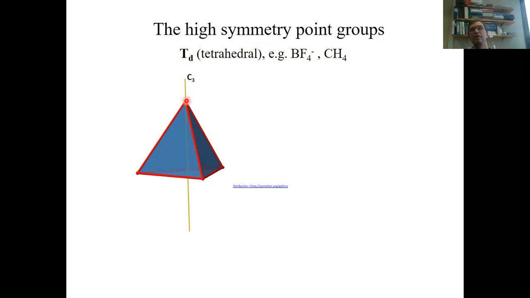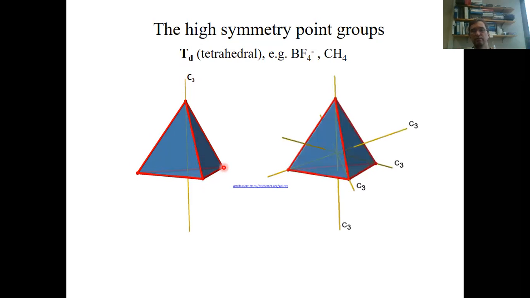Well, we will have as many as we have vertices. So we have 1, 2, 3, 4. Therefore, I would expect 4 C3 axes. You see them all here: the first one, second one, third one, and the fourth one, which we have already considered over there.